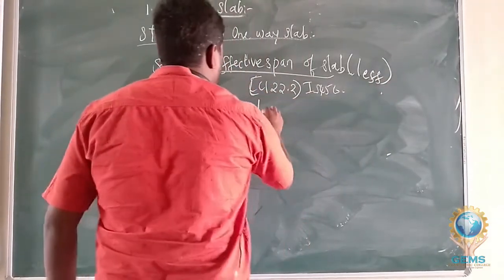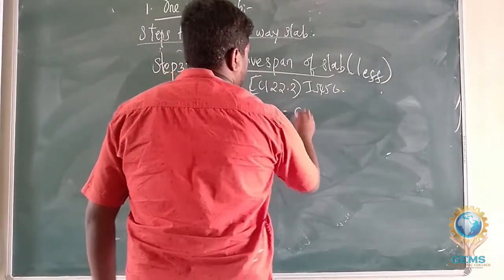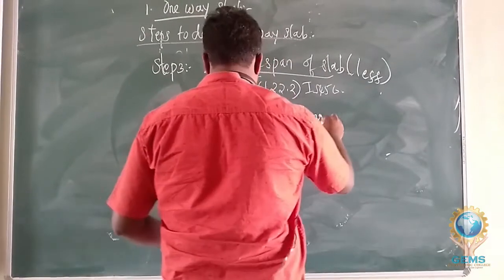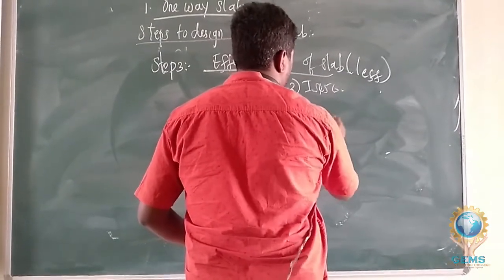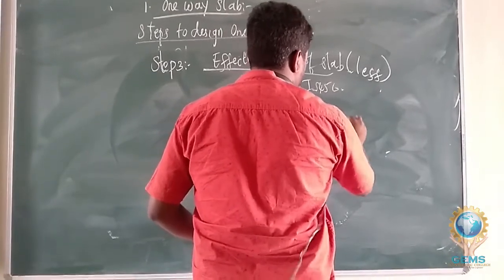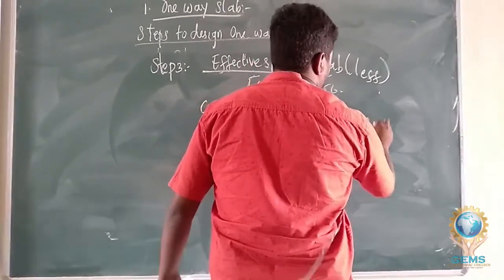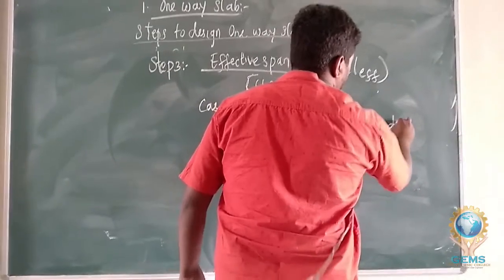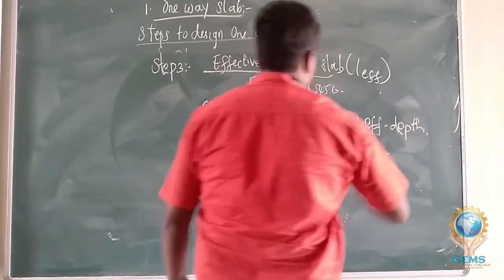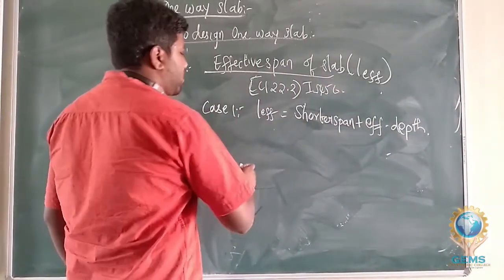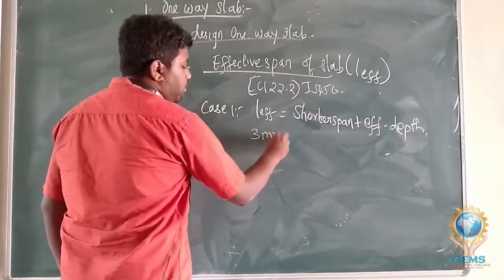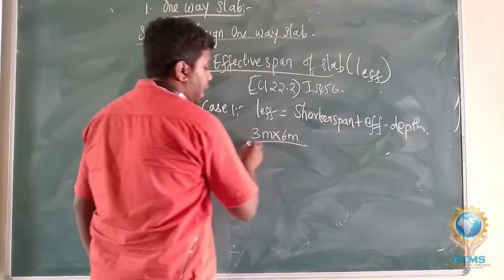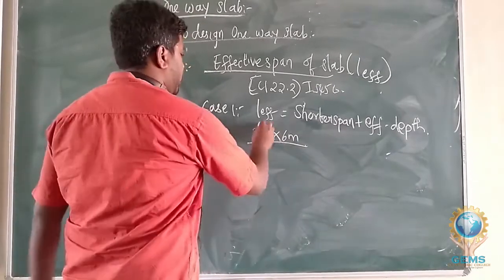L EF is equal to the clear span, this shorter span, plus effective depth. For example, if the slab is given as 3 meter into 6 meter, the dimension of the slab, length into length.